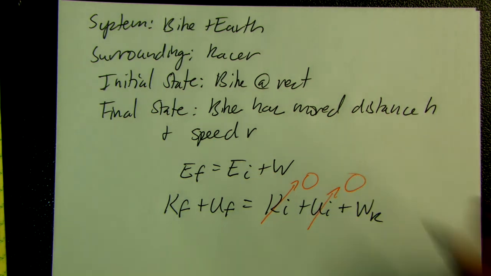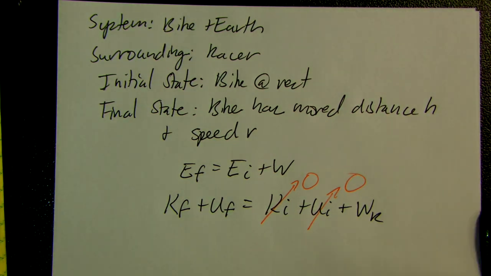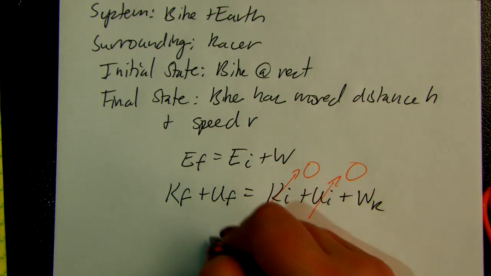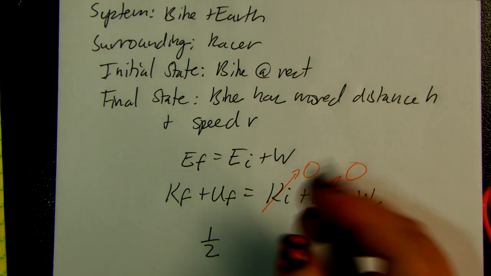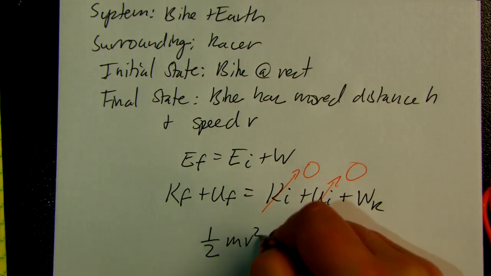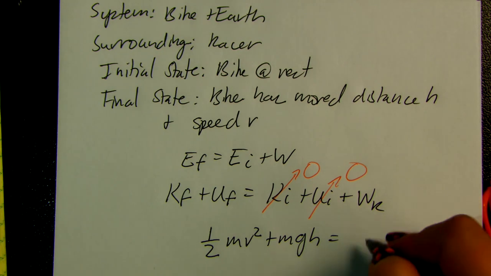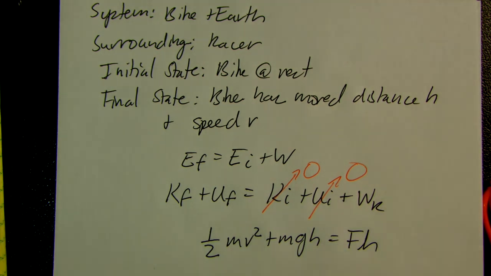Starts on the ground, there's a 0. So we have 1/2 mv squared plus mgh is equal to the force from the racer times the height. So it's consistent with what we've found before.